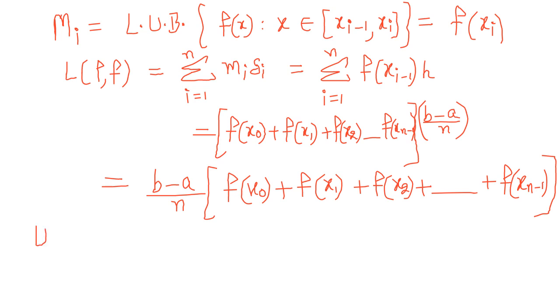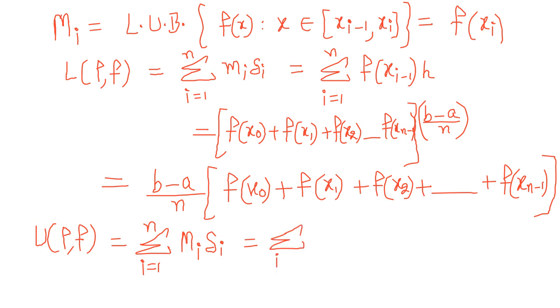Now see, you have to find UPF. So what is UPF? UPF is always summation i equal to 1 to n, Mi delta i. So there is no delta, there is only h, that is the width of the subinterval. So it is f of xi into h.